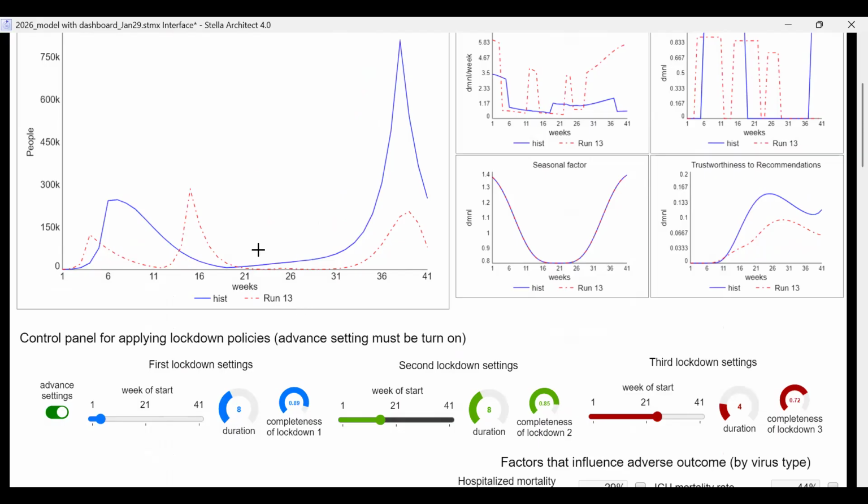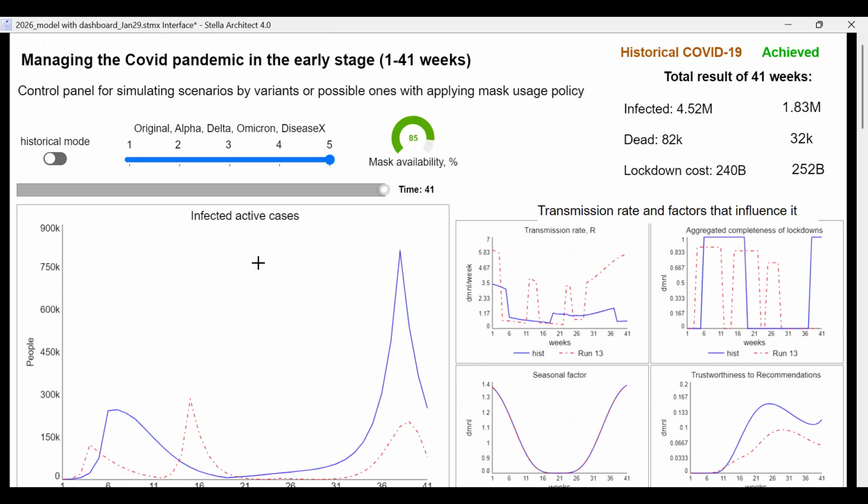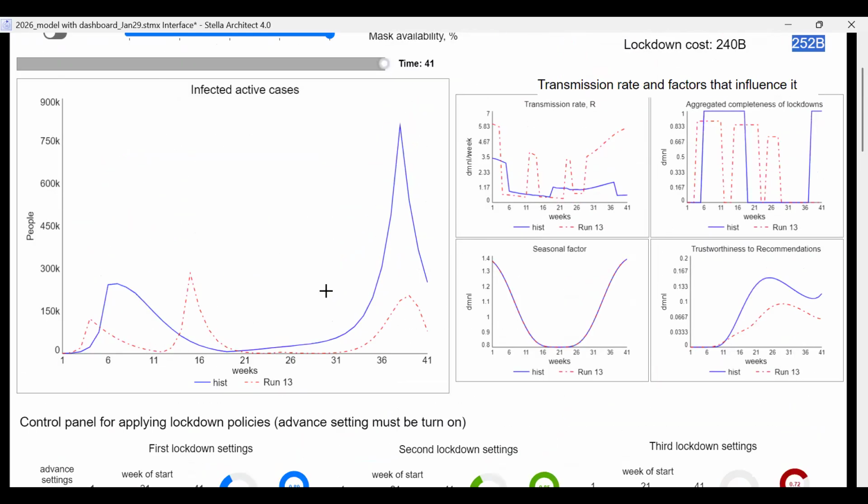So by applying policies from masks to lockdowns, we were able to respond to a much more dangerous virus than COVID-19. And even if you see the numbers, we have achieved less mortality here, less infected, and slightly more costs in terms of lockdowns, because lockdowns were longer than in the case of COVID-19.